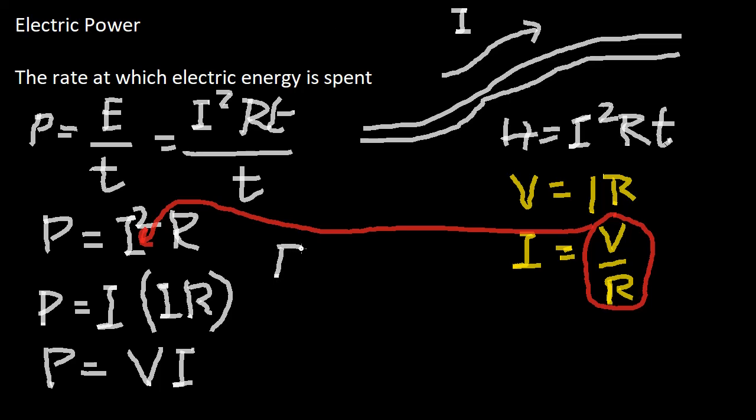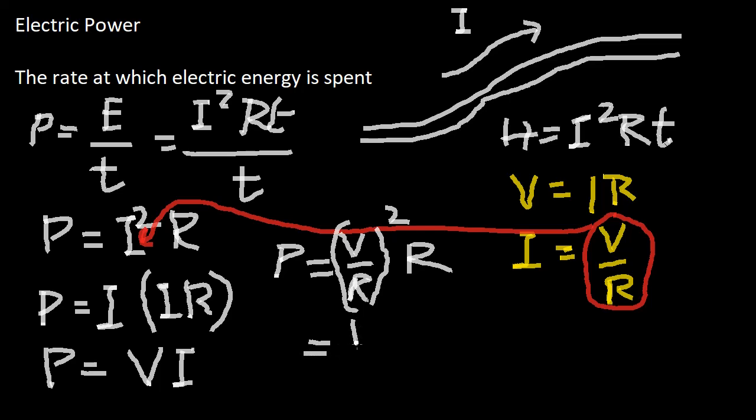What we'll get is P is equal to, in place of I, V by R, and since it is I squared, we put a bracket around it and a square. So V by R whole squared times R. What do we get as a result?